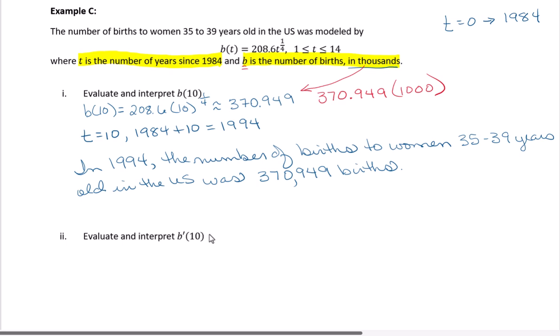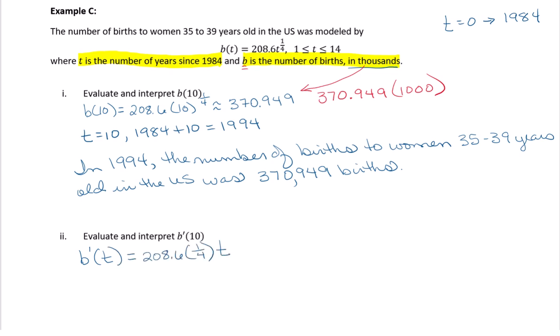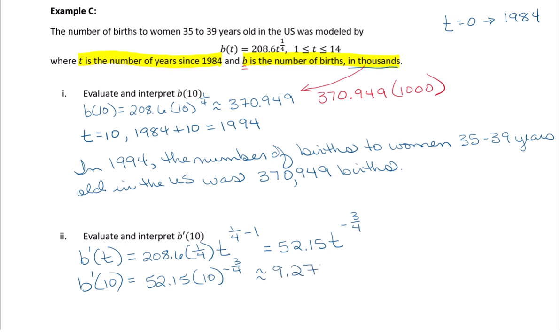For part 2, it asks us to evaluate and interpret b prime of 10. So we first need to find the first derivative of our function. Don't forget to multiply the front by the exponent and then subtract 1, and then we'll get 52.15 t to the negative 3/4. Now we can plug in our 10, and we get 9.274.